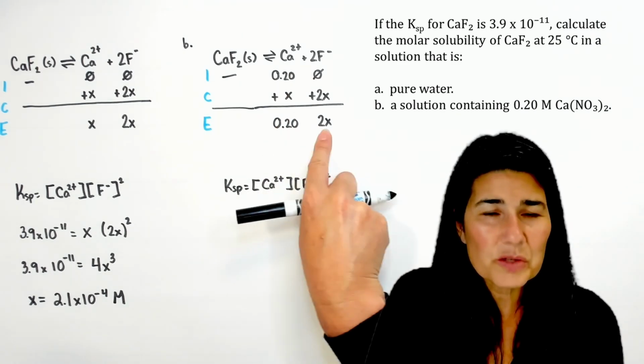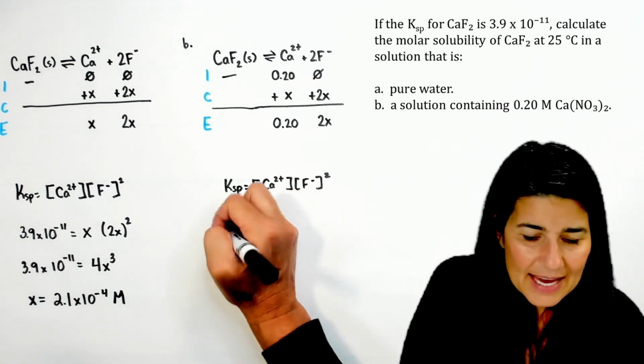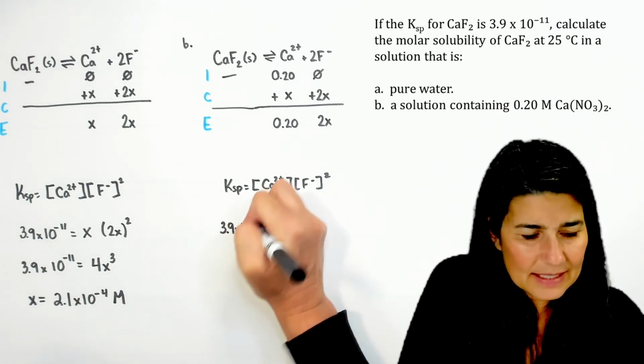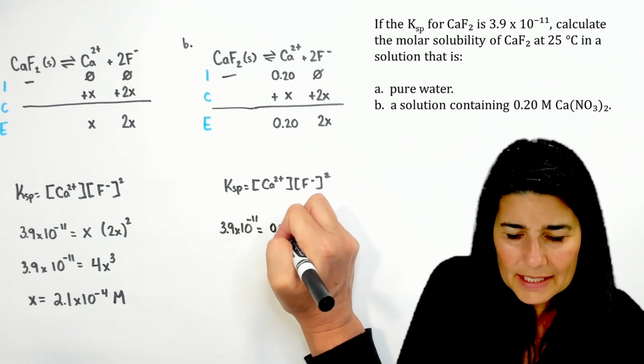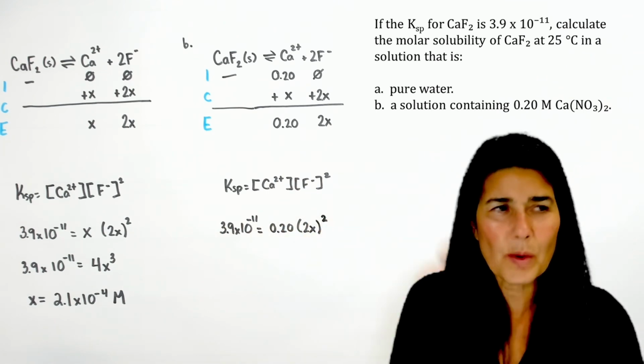I'm going to use those two terms and plug them into my KSP expression. KSP is 3.9 times 10 to the negative 11th. That equals 0.20 times 2X squared.